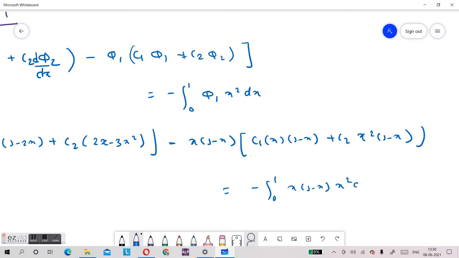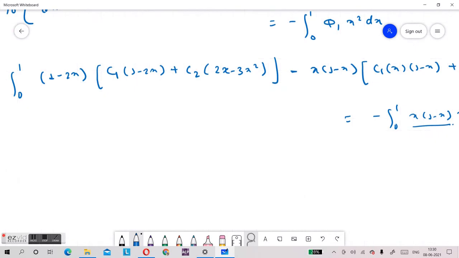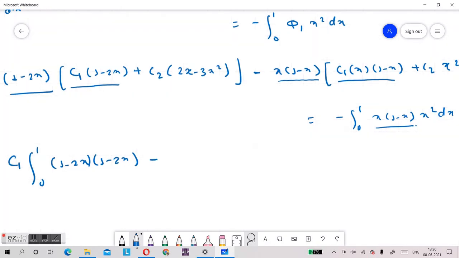Now what is the easy method of solving it? We will put the c1 terms together and the c2 terms together, because we have to find c1 and c2. So it will look like c1 times integral 0 to 1 of 1 minus 2x times 1 minus 2x, minus x times 1 minus x times x times 1 minus x, whole dx.